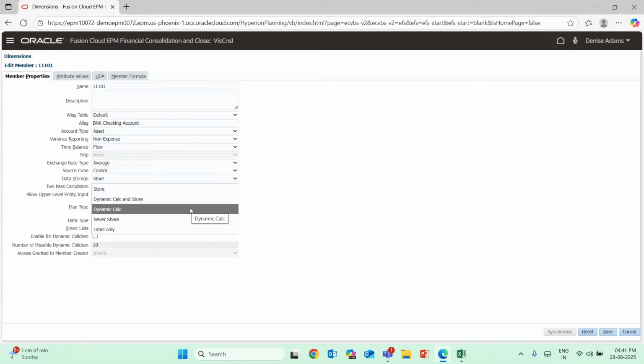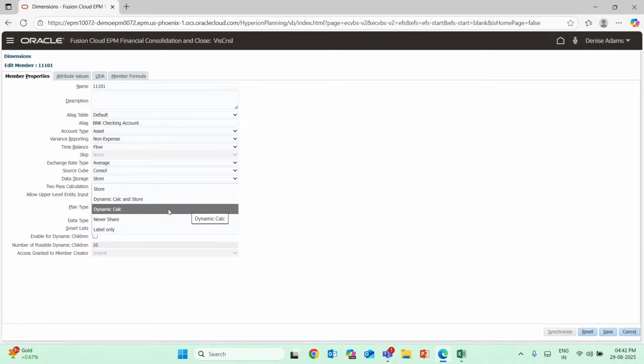Since it is dynamic, we cannot input the data, so it is going to calculate the data from the base members first. Once calculated, the value is stored there. This is basically for faster retrieval, nothing else.